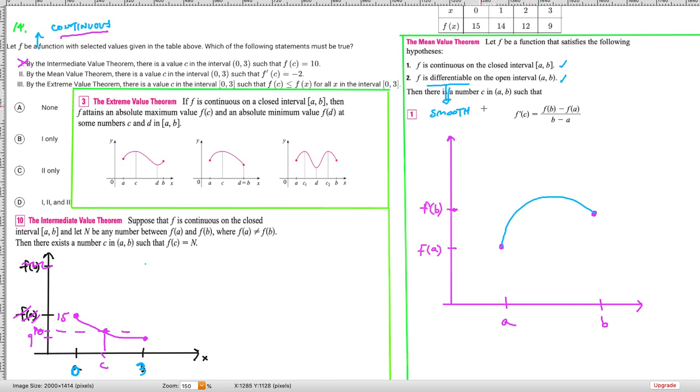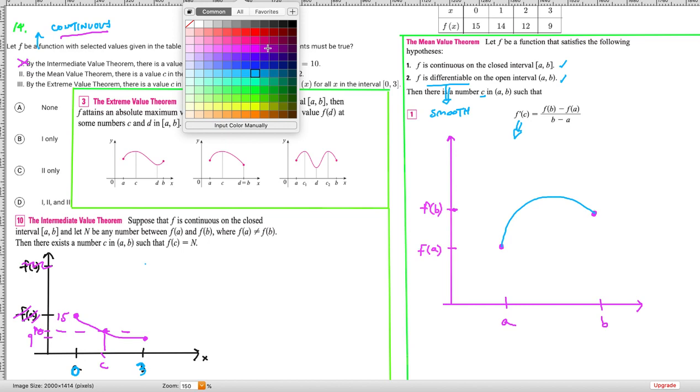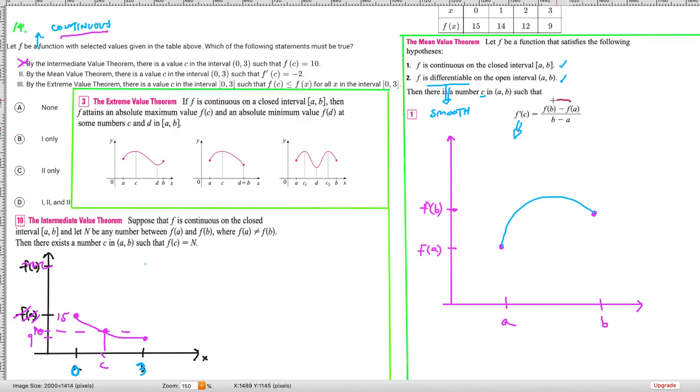Now, what the theorem says is that there must exist a c where f prime of c, the slope of the tangent line to this curve, is equal to the slope of this secant line. Because what is this?